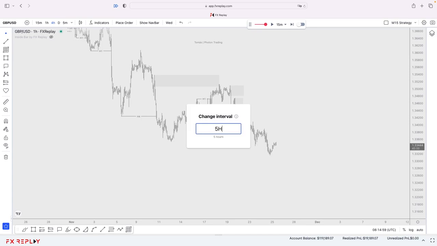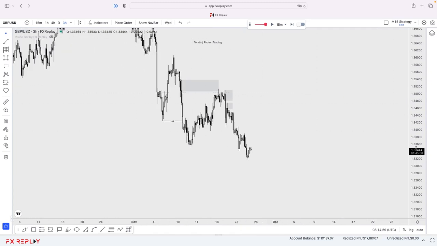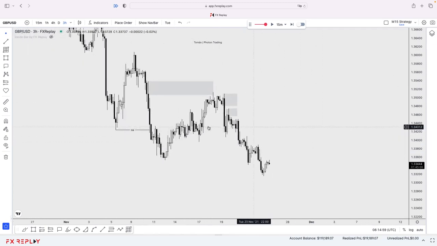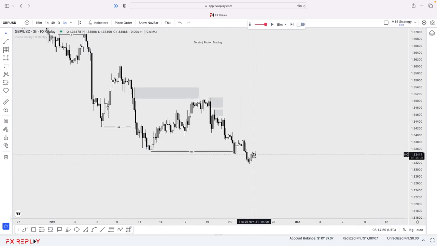So 5 hour, okay, H4, not even 5 hour, so 3 hour. Okay, at least I can go to the 3 hour. You can see that we have the H4 breakout structure.